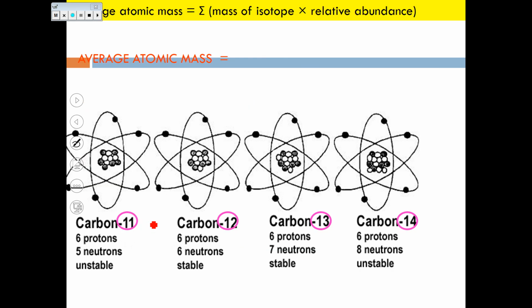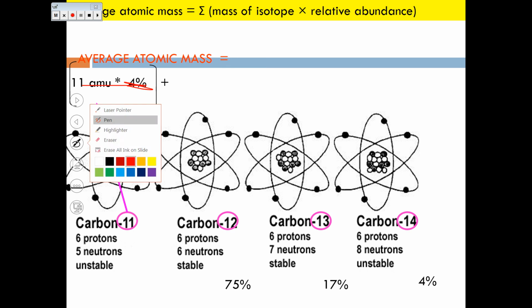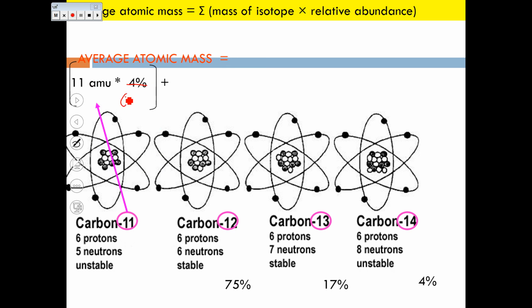Let's take a look at this. Carbon 11, carbon 12, carbon 13, and carbon 14. And their abundances are down here. So for the first one, you would take 11 AMUs times 0.04%. I should have changed it to a decimal.